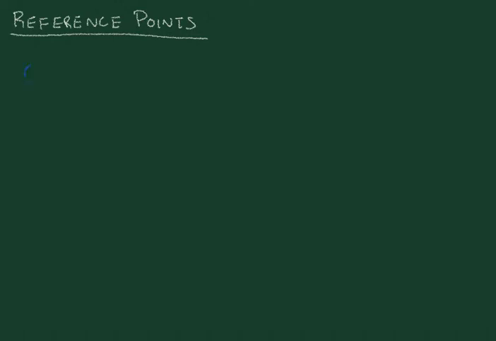So again, we'll say that we have some particle A and some particle B, and they both have some initial velocity. B is moving with velocity VB, A is moving with velocity VA, and there's some distance between them that we'll call RAB.